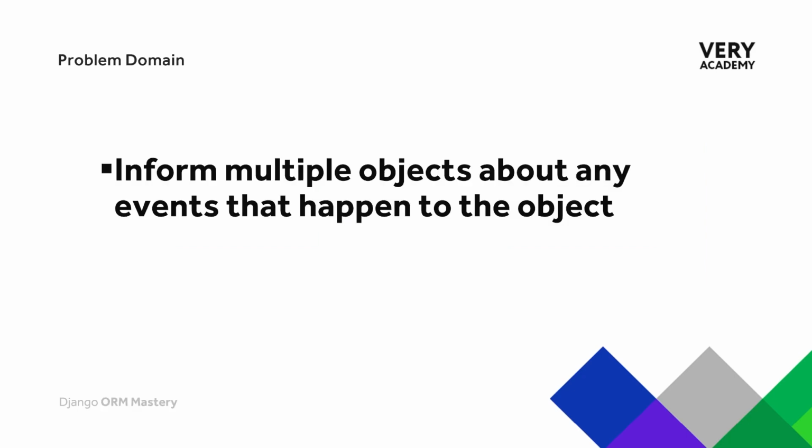So the problem that the observer pattern is trying to resolve is that you may have a situation within your application where you want to inform multiple objects about any events that happen to the object. Take, for example, the example that we've been showing so far. Whenever we save data into the user model, or delete, whatever we set up, of course, we want to send messages to multiple places to inform them that the save or delete operation has taken place.